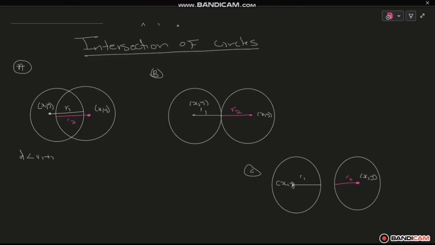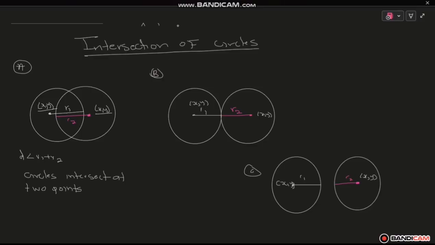Then if that distance is less than the sum of R1 and R2, it means that the circles are intersecting at 2 points.